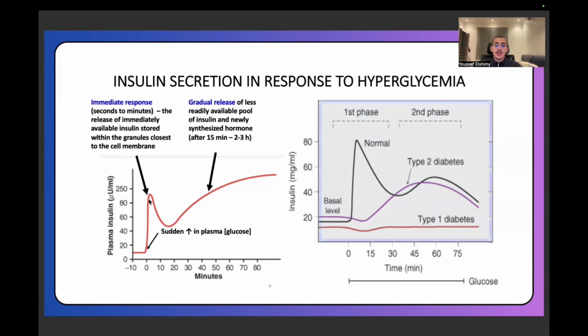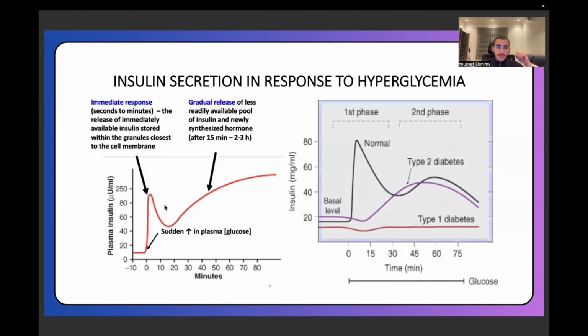We mentioned that beta cells produce insulin in secretory granules. So the moment the blood glucose level rises, there is a spike of insulin, and this is due to the immediate release of the available insulin stored in the beta cells.